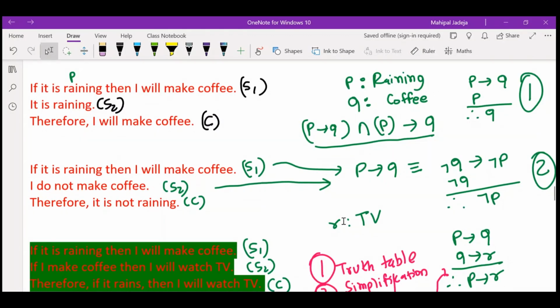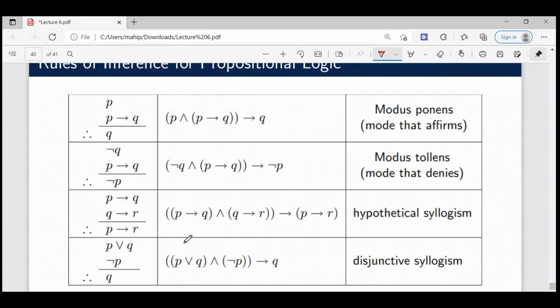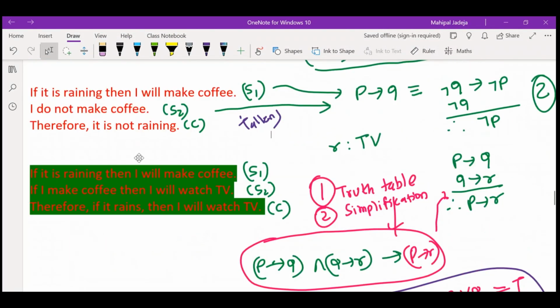Can I say it's 2? Okay. Transitivity, it's also called transitivity. The idea is P implies Q and Q implies R, and then you are saying therefore P implies R. We are eliminating the in-between proposition, which is nothing but Q. So, which is the example of this? This one.